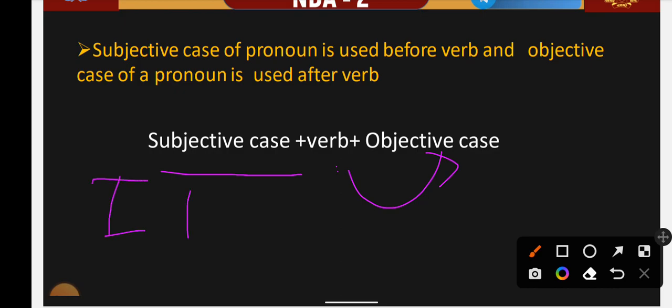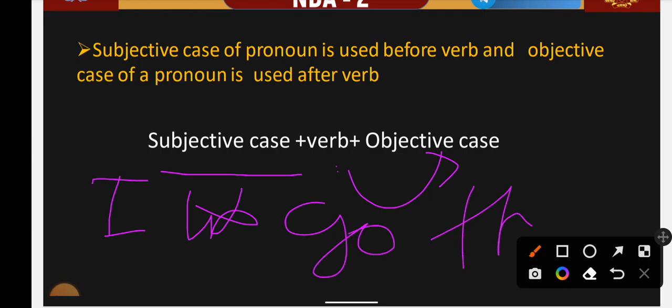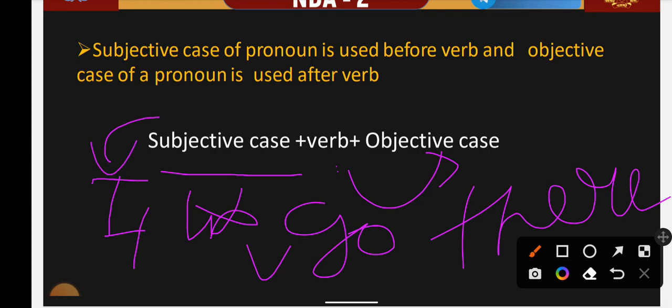I go there. Here, I and go: go is a verb, and I is a subjective case, as I have taught you.